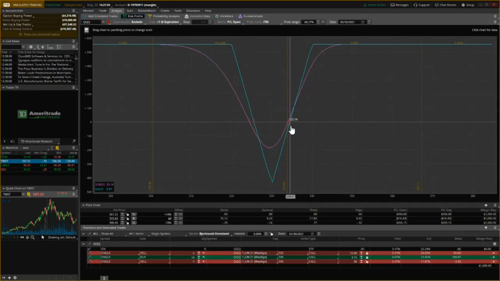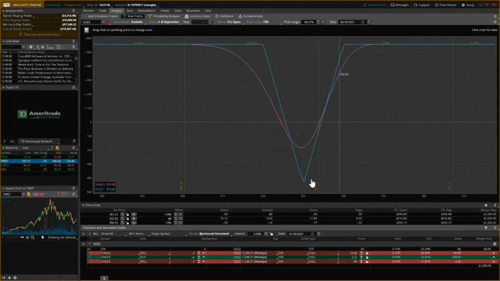You can see this is not bad. This might not be as bad as it looks, but again, look at the belly size now. It reached 400. That means that you're at risk of losing $400 if you're willing to take these chances, or making $500.